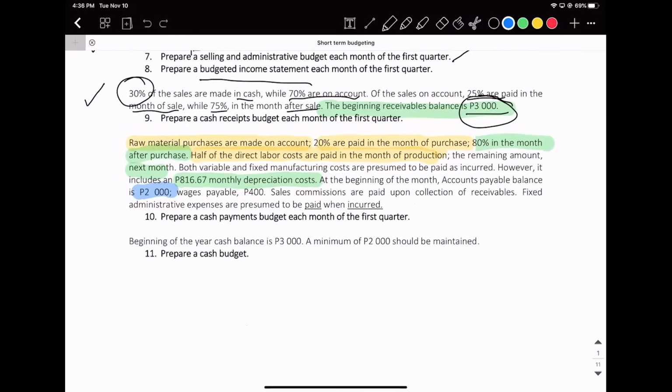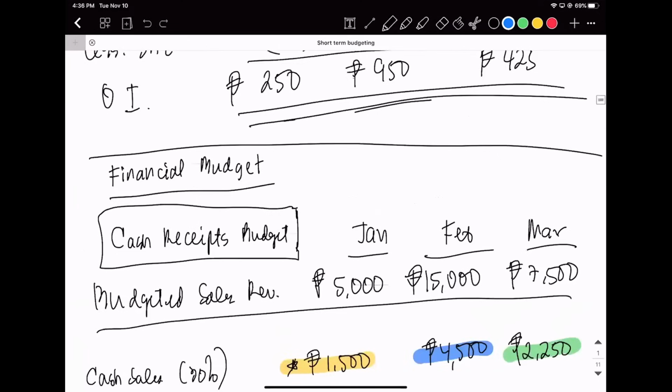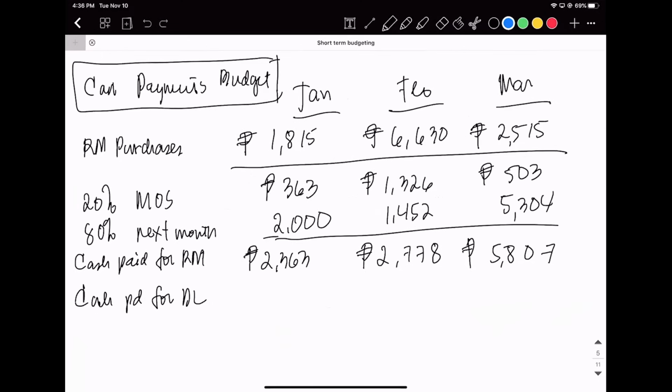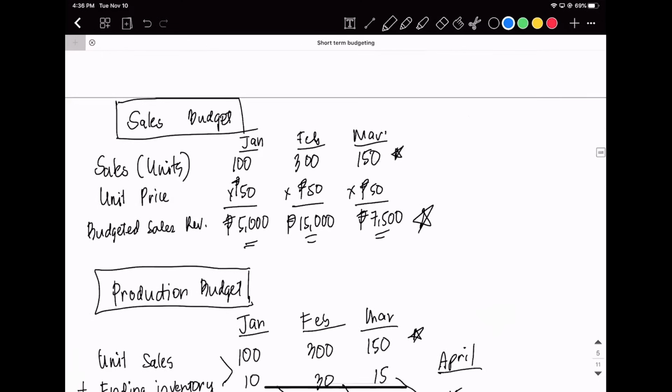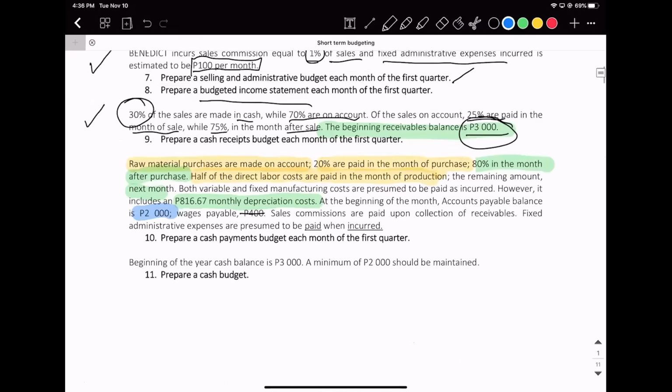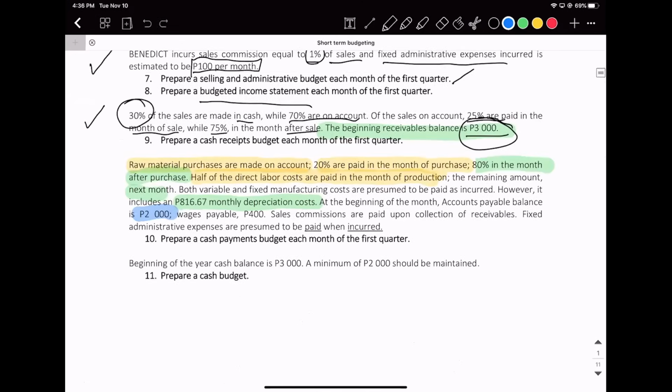Kailan babayaran yan? So, kailan mabayaran yan? January. So, tandaan yan, 400.